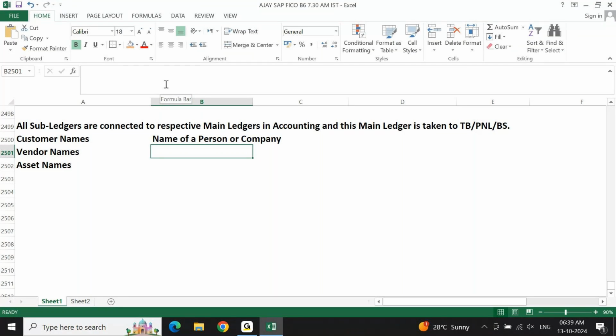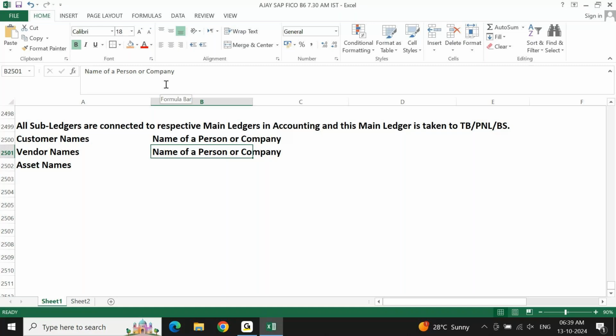Identifying a customer is easy, because whenever you find the name of a person, or the name of an organization, name of a company, it can be a customer account. In short, it can be a subledger posting. Vendor is also the same. You can purchase from a person or you can also purchase from a company. Can I mention the same thing here also? Name of a person, name of a company, right?